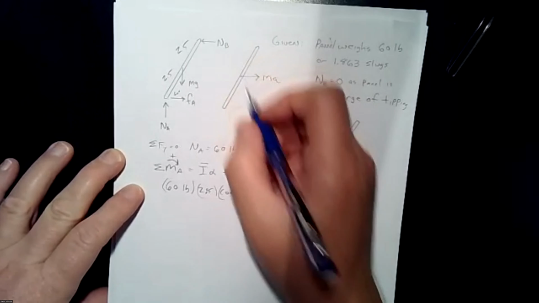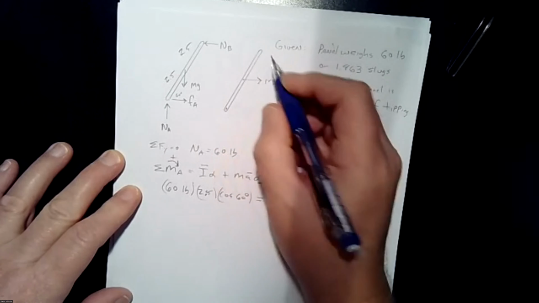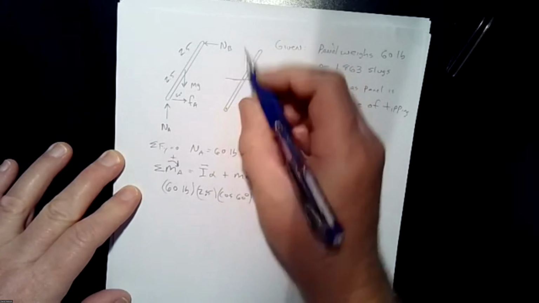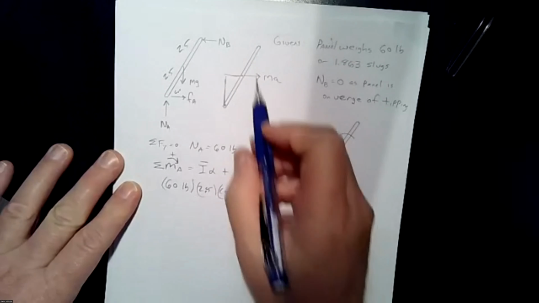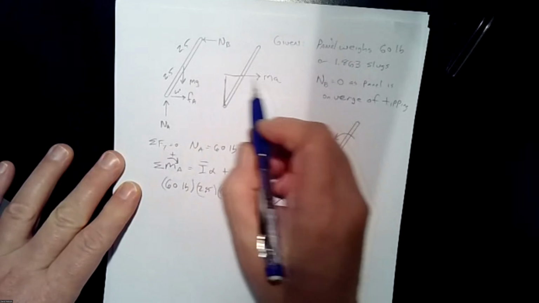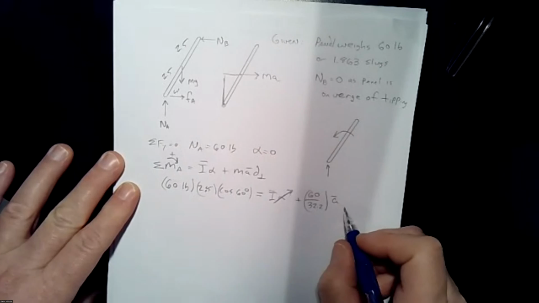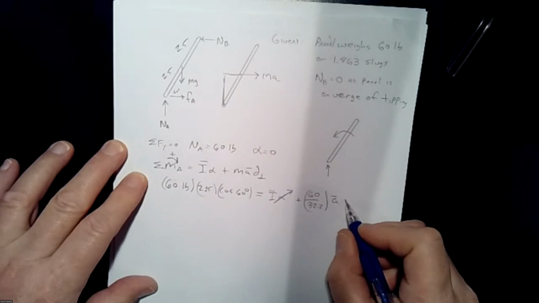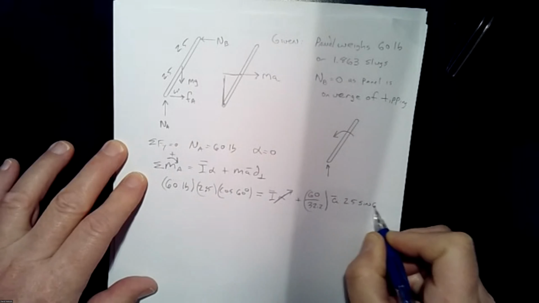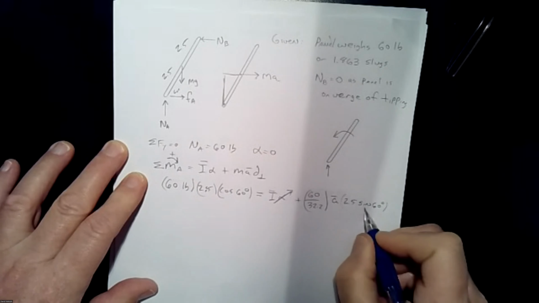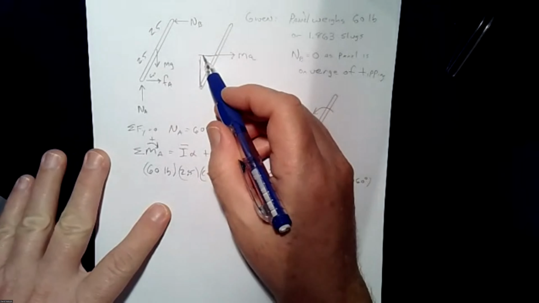If we look at our point, how far are we from it? That distance, d perpendicular, because the force goes forever, is 2.5 sine 60. And so that's what gives us this distance.